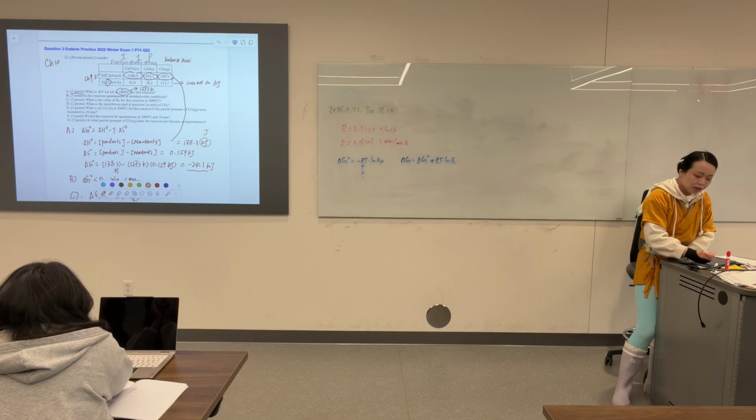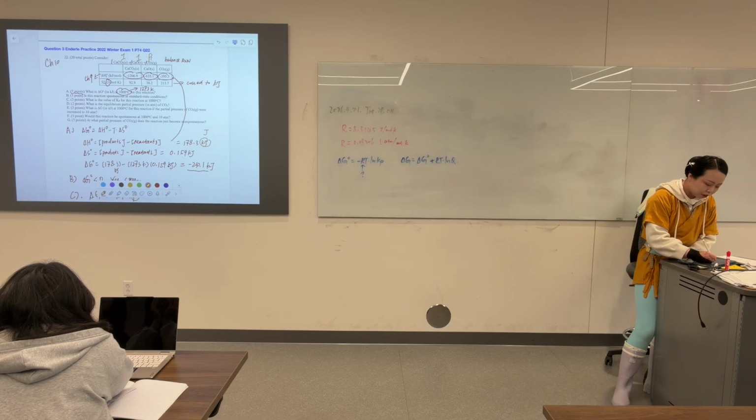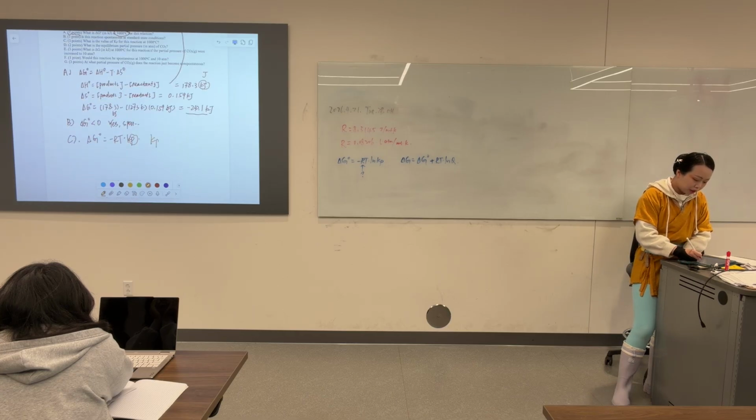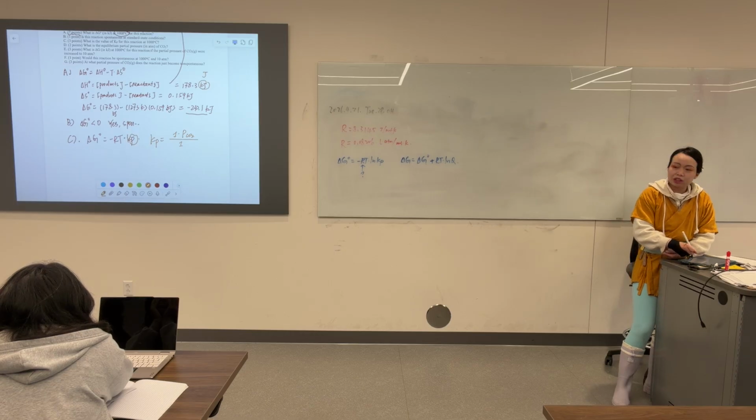The only part that is played around in the chemical equilibrium is the partial pressure of CO2. So Kp equals 1 times the partial pressure of CO2 over 1, which pretty much equals the partial pressure of CO2. But that's for the next one. For this one, this is all you need to know.